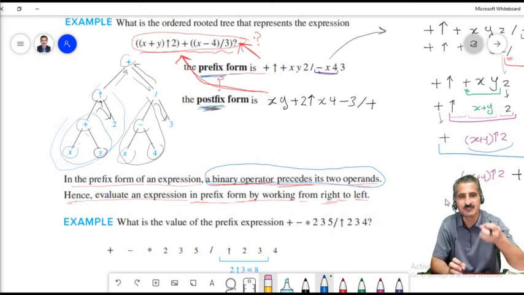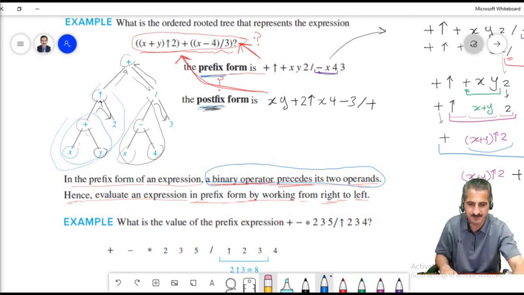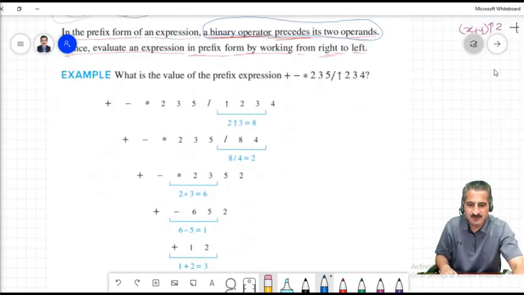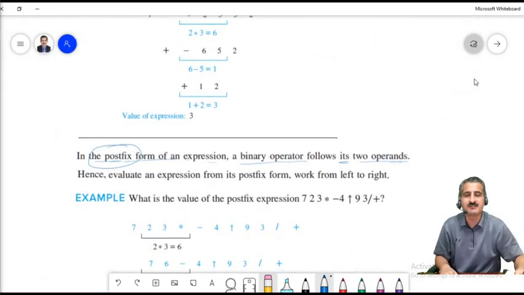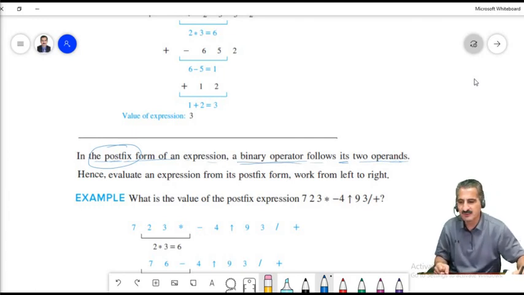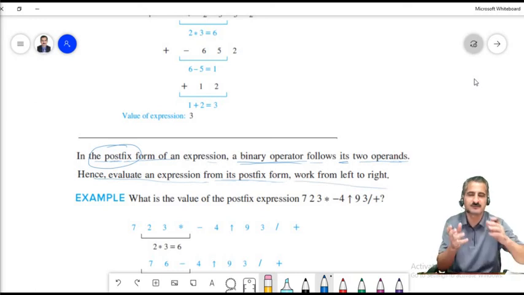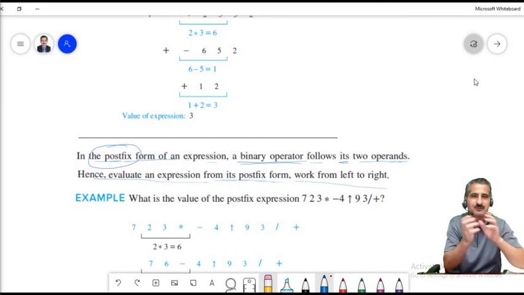So we take the binary operation and then we take the leaves that are the operands. So let's go back to this note in here. It says, as I explained, in the postfix, the binary operators come after the operands. So to evaluate an expression in postfix form, work from left to right, because we are taking operands and then binary operations. So work from left to right.